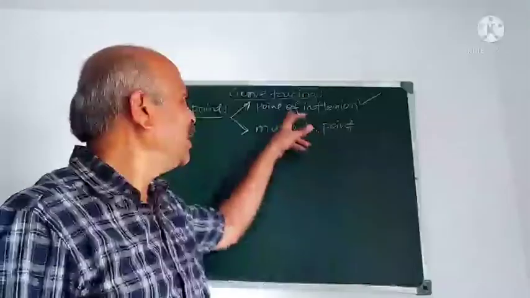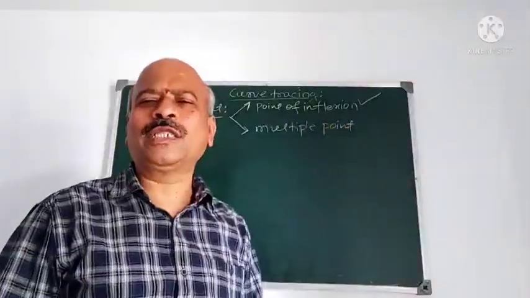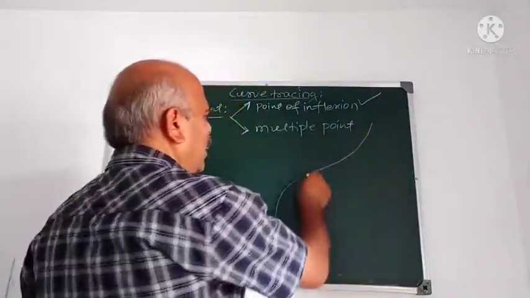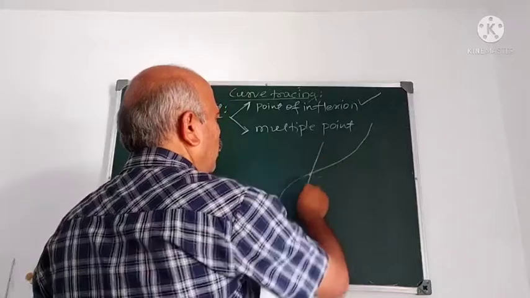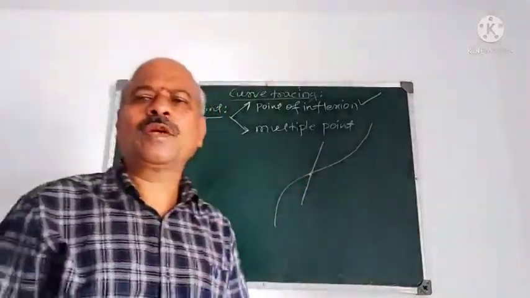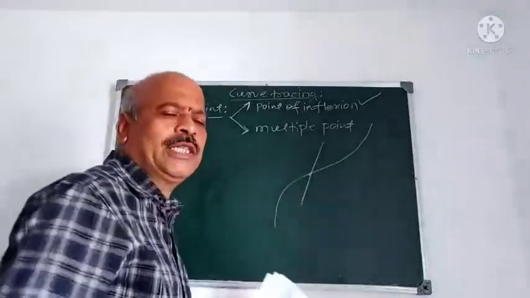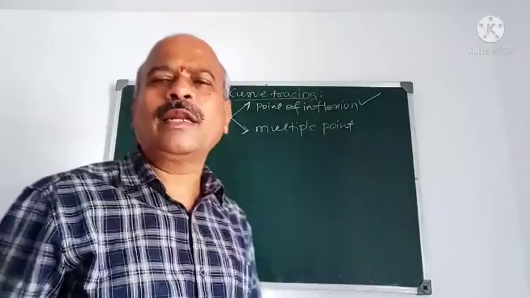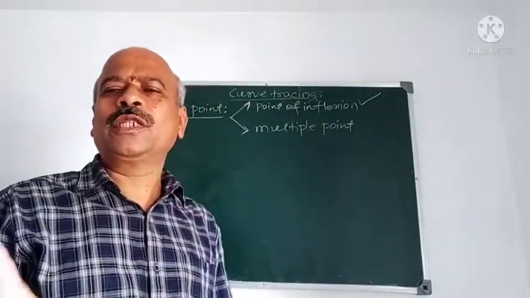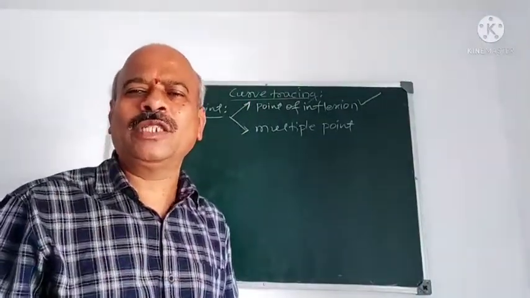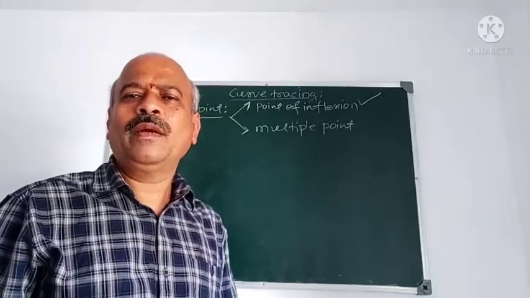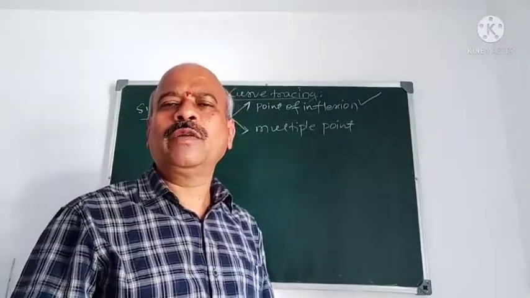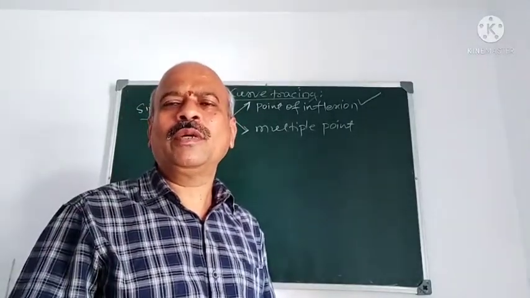That means usually the curve doesn't cross its tangent. Suppose this is the curve. At this point, curve crosses the tangent. That is called point of inflection. And analytical condition: first derivative is 0, second derivative is 0, but third derivative is not 0 for the point of inflection.